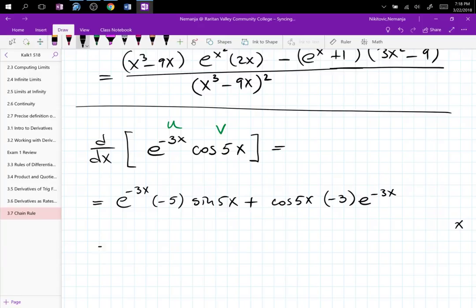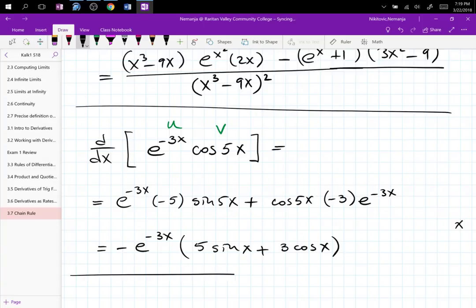So what you can kick out is negative e to the negative 3x, and what you're left with is 5 sine 5x plus 3 cosine 5x. And that's the answer. So this was chain within product.